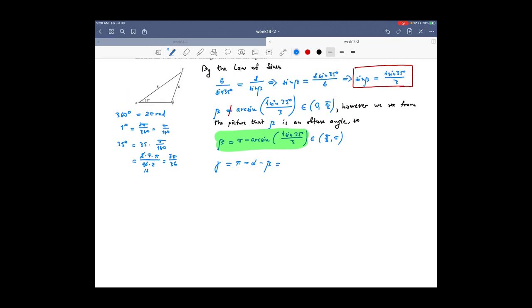So we can write that gamma is pi minus 7 pi over 36 minus beta, which is pi minus arcsine of 4 sine 7 pi over 36 over 3.